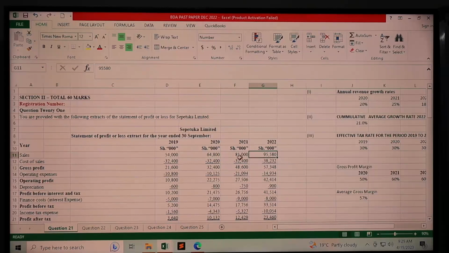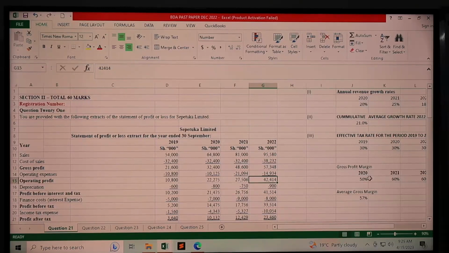So that is the interpretation you're supposed to give, that the rate of growth actually decreased, maybe because of some factors that could be interpreted down here in our profit and loss. But that rate of growth decreased.